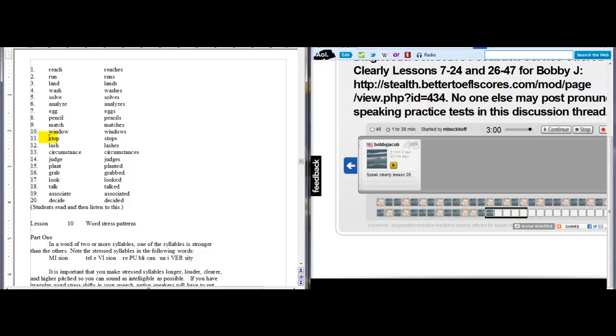Stop, stops. Lash, lashes. Circumstance, circumstances. Judge, judges. Plant, planted. Grab, grabbed. Look, looked. Talk, talked. Associate, associated. Decide, decided.